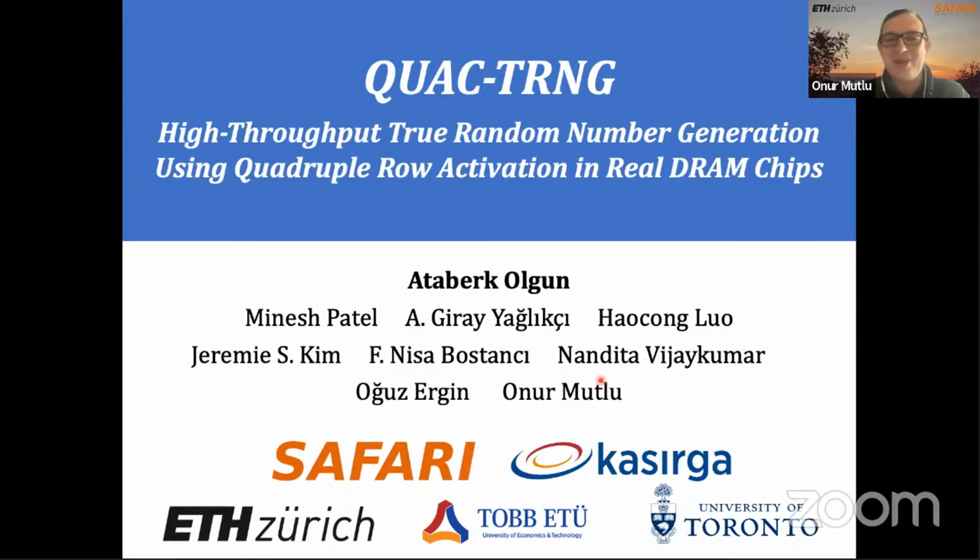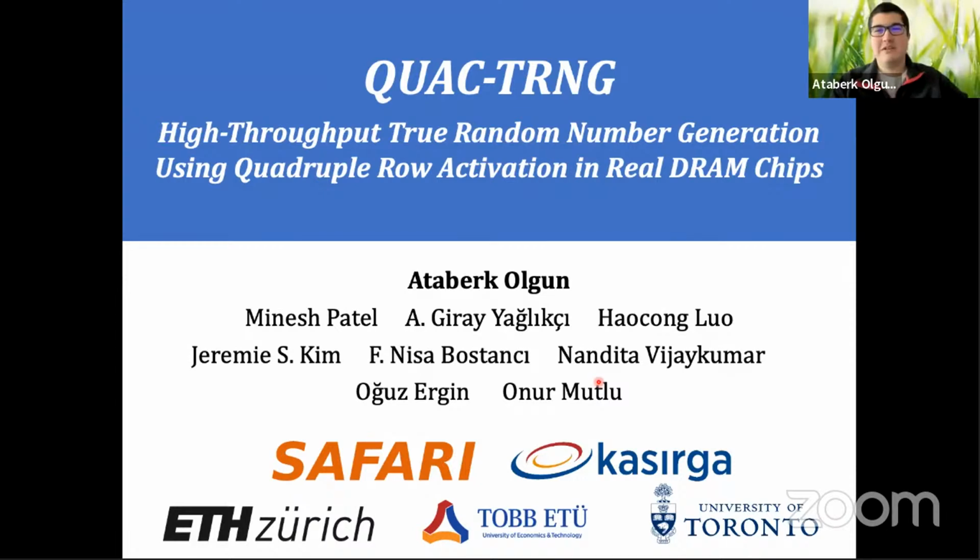Now he's finished his master's degree in Turkey, in Ankara, and he's going to join Safari as a PhD student very soon, in less than 20 days, hopefully, if everything works out. This paper was published at ISCA this year in June, so it's the cutting edge in random number generation in DRAM. So Ataberk, please go ahead.